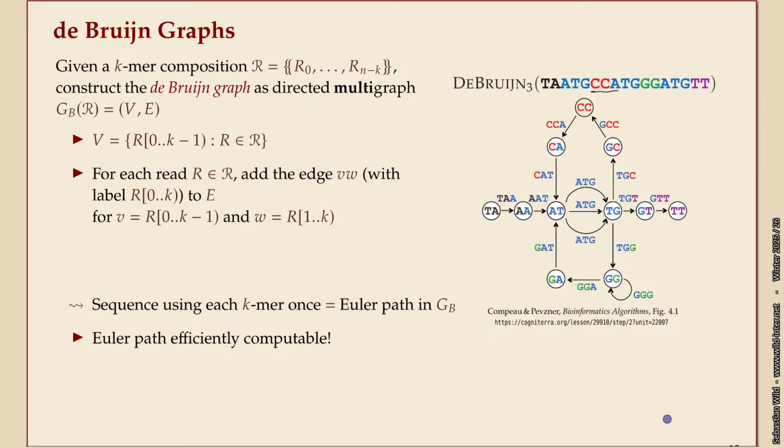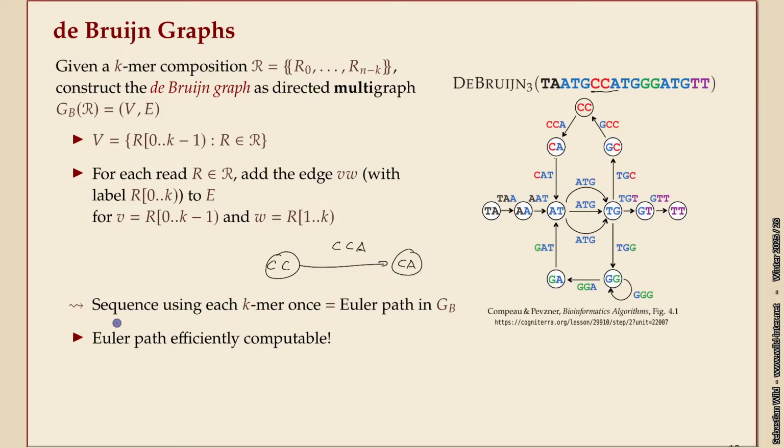It starts with CC and ends with CA, so it's an edge that goes from CC to CA. Okay? Let me copy this here just to have that explicit. So all the crucial information really is in the edges this time, and the vertices are just there to connect things up.